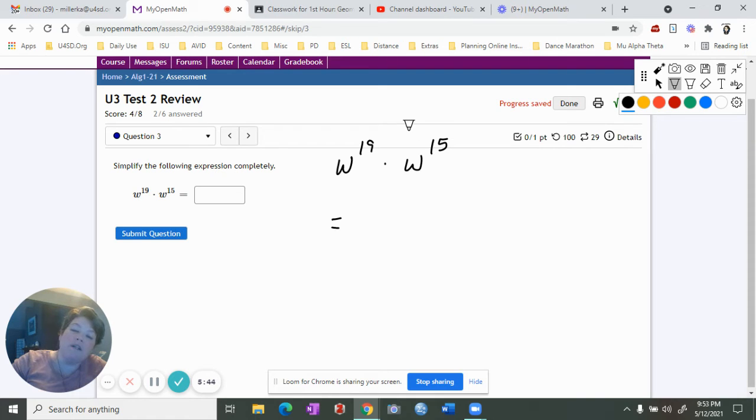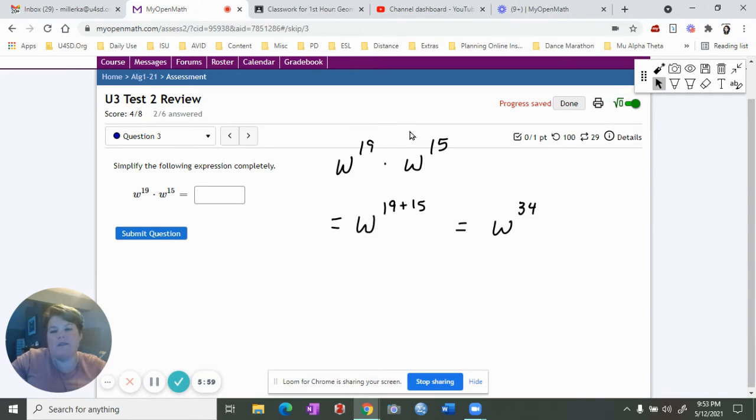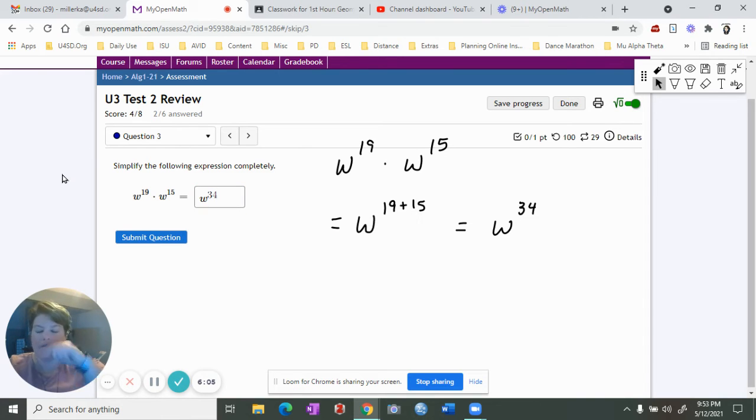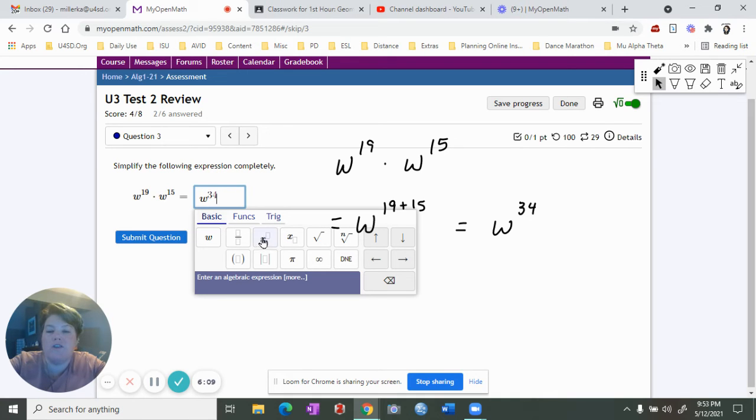But we ultimately want you to be able to tell us that this reduces to W to the 34th power. Okay, so W to the 34th power. Remember, Shift 6 will get you that exponent, or if you are in here, you can click on this x to the little box. That works as well.